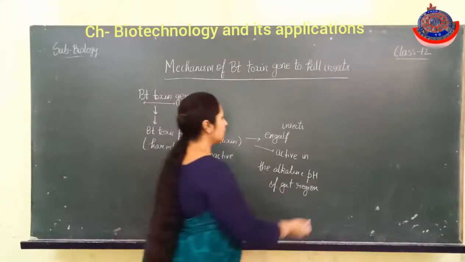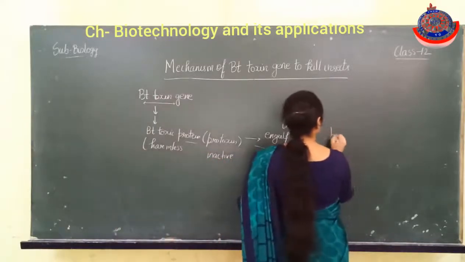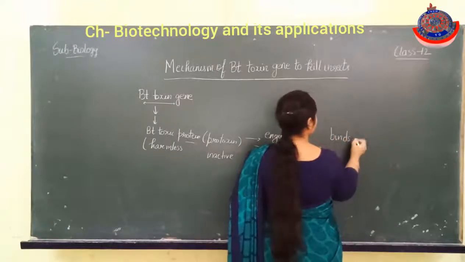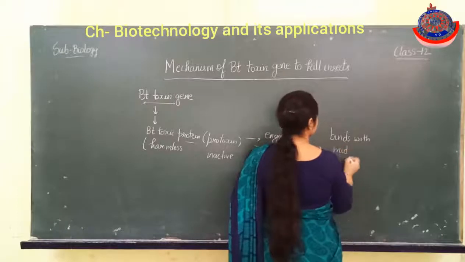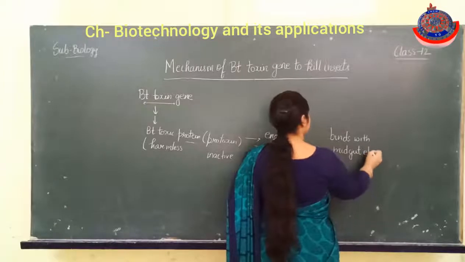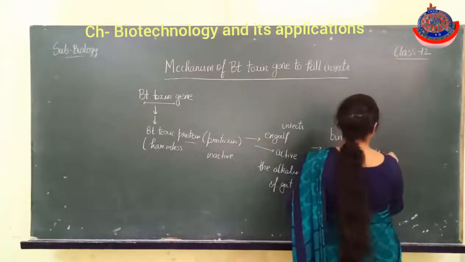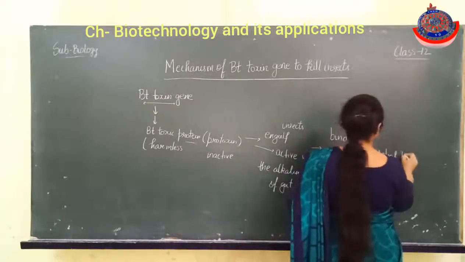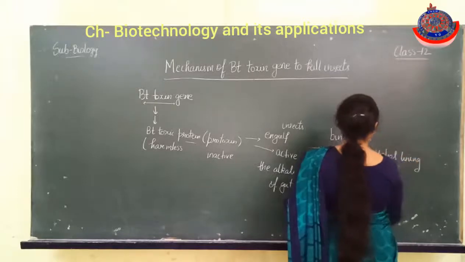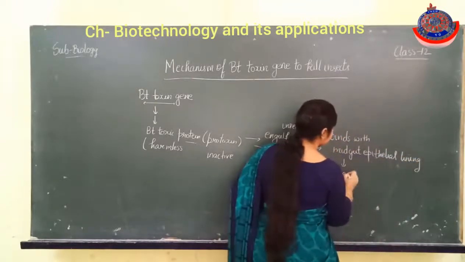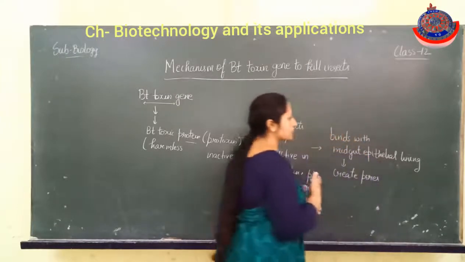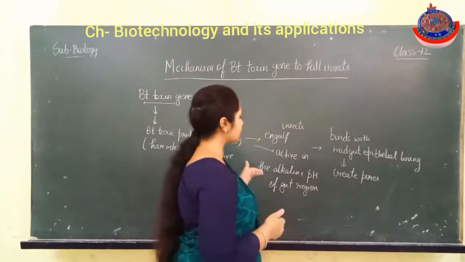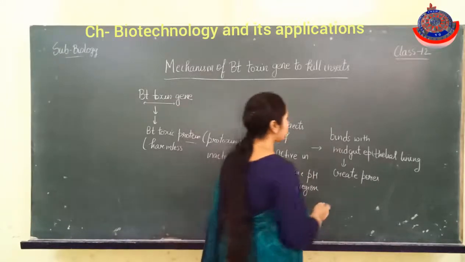So when it becomes active, then what happens? It binds with the midgut epithelial lining, and then it creates pores. So when pores are created in the epithelial lining because of this toxic protein, then what happens?